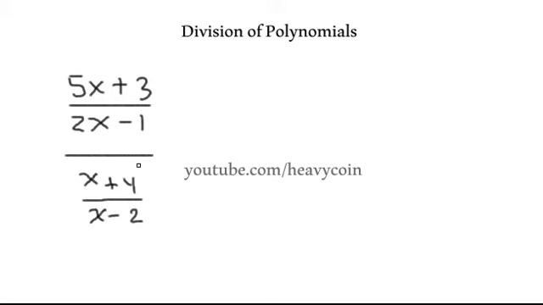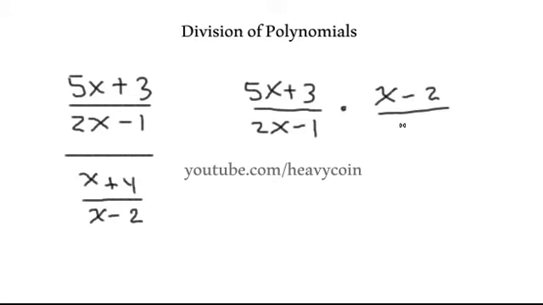Alright, so I'm going to take this and flip it, and we're going to rewrite this as 5x plus 3 over 2x minus 1 times, right, this becomes x minus 2 over x plus 4.